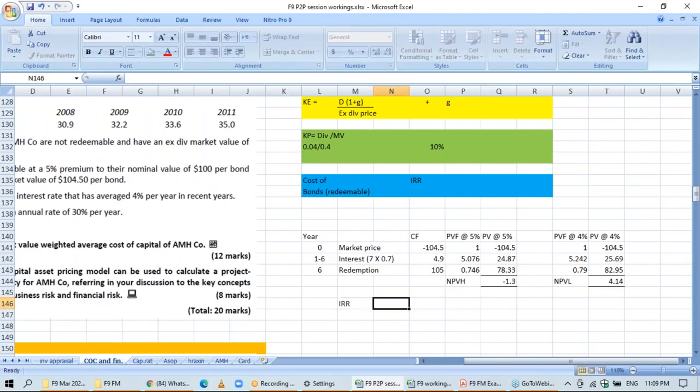The formula for IRR is lower rate plus NPVL, the NPV at lower rate, divided by NPVL minus NPV at higher rate, and then multiplied by higher rate minus lower rate. This is the formula for the internal rate of return.